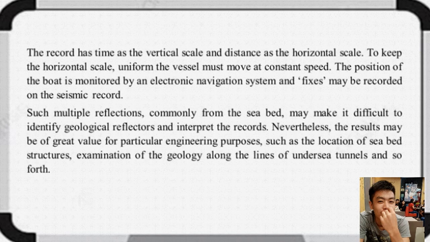Multiple reflections, commonly from the seabed, may make it difficult to identify geological reflectors and interpret the records. Nevertheless, the result may be of great value for particular engineering purposes, such as the location of seabed structures, examination of geology along the lines of undersea tunnels, and so forth.